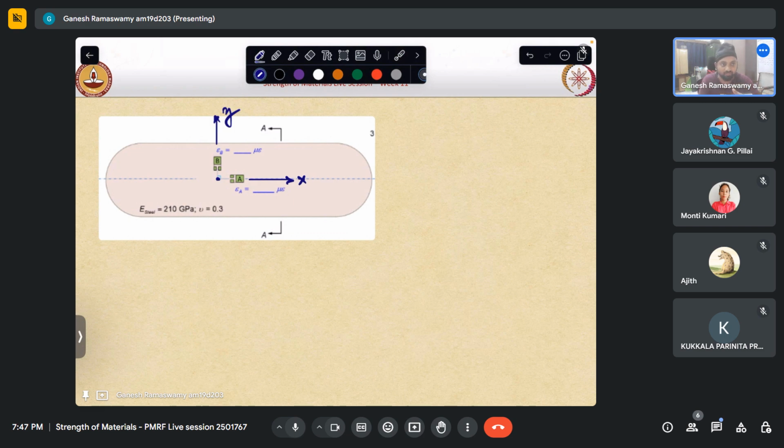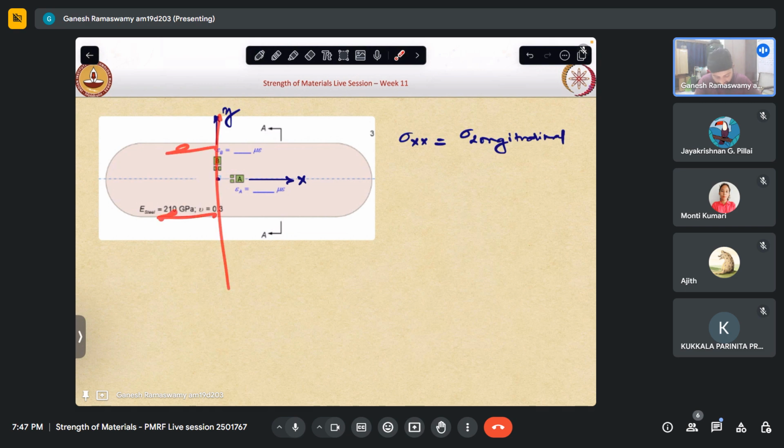All right. So sigma xx is actually the longitudinal stress here. I hope we are able to see that when we cut this, we will have sigma long here and the pressure will be pushing against it. So when we take equilibrium of that, we will be able to arrive at what the longitudinal stress would be.